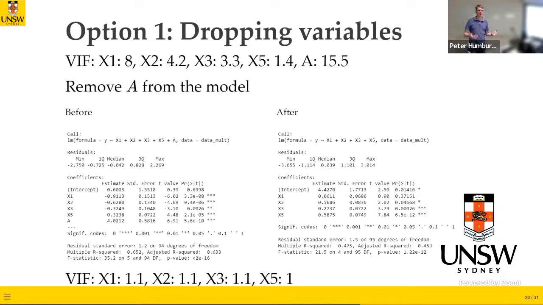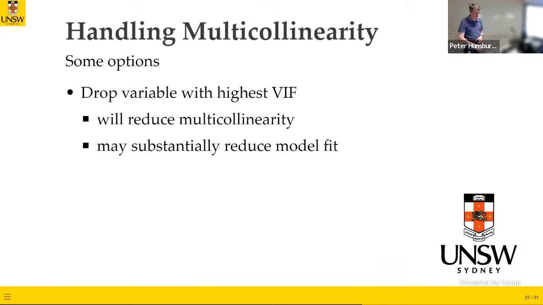And if you can afford losing that information, maybe this is the lesser of two evils. But be aware that when you remove variables, you probably remove some information, and that may hurt you in other ways. And how bad that is depends on how many variables you need to remove and how much extra information was in those variables.